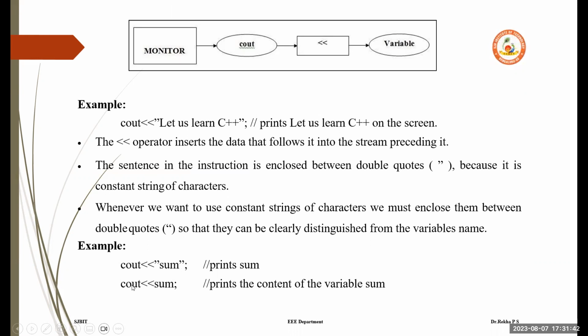Similarly, if I say cout << sum, this is not within double quotes, so it prints the content of the variable sum. The variable name is sum, where that variable contains the value. If you write the variable name, it will print the content of that variable.